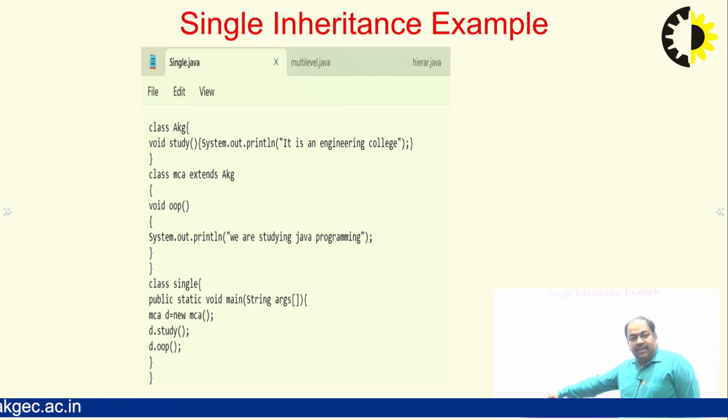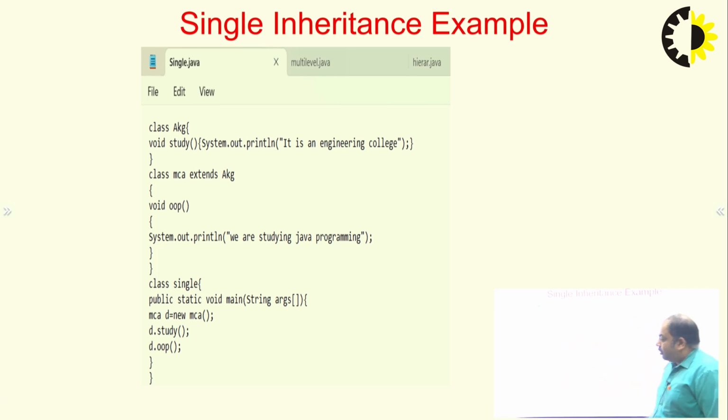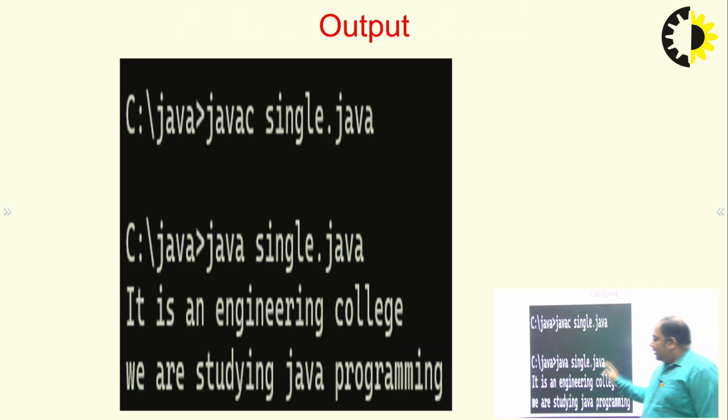From this method it is called, it is an engineering college, and from d.oops it is saying we are studying Java program. So in output it is an engineering college and we are studying Java programming. So in this way we have achieved single inheritance.